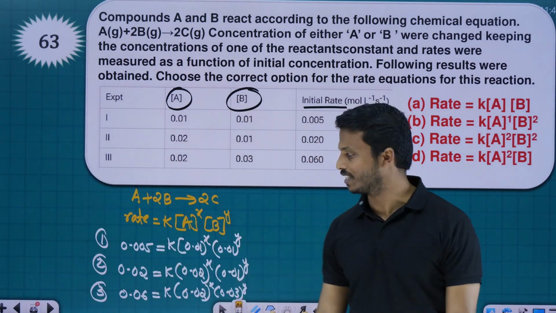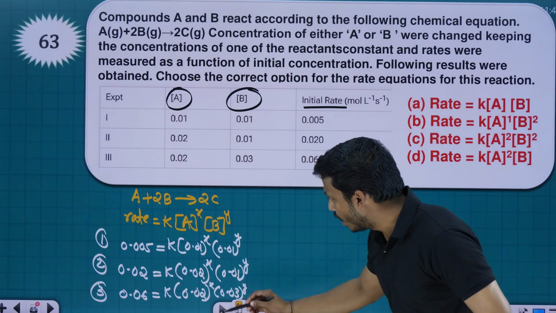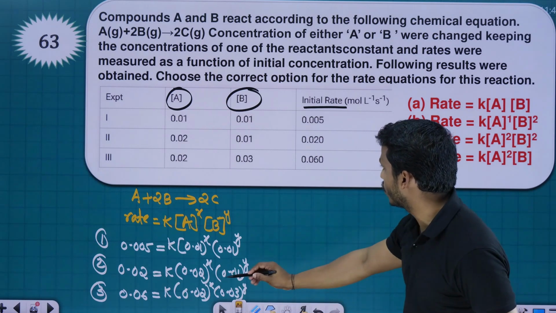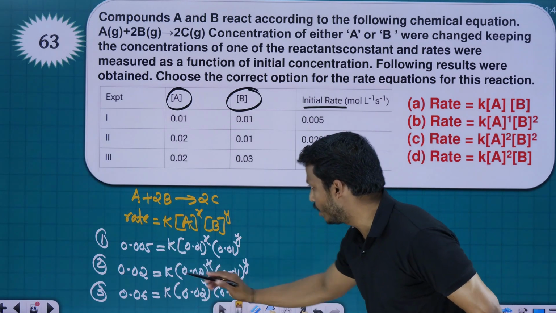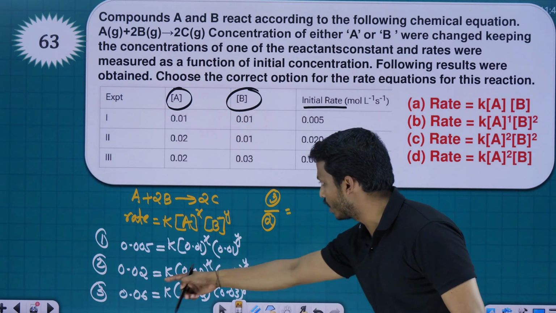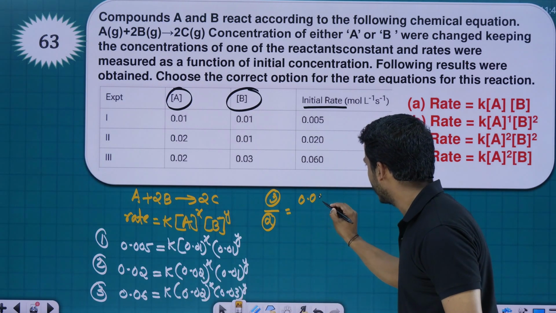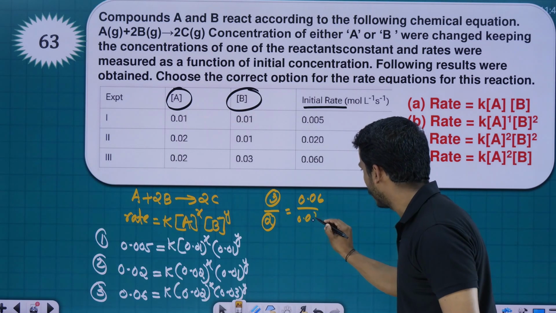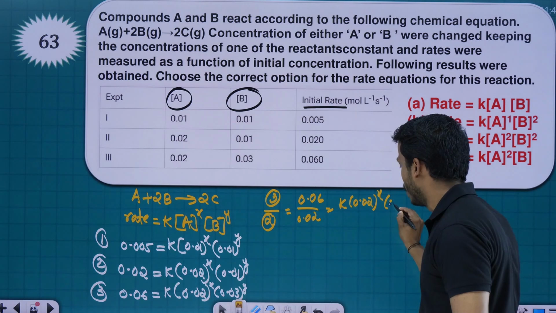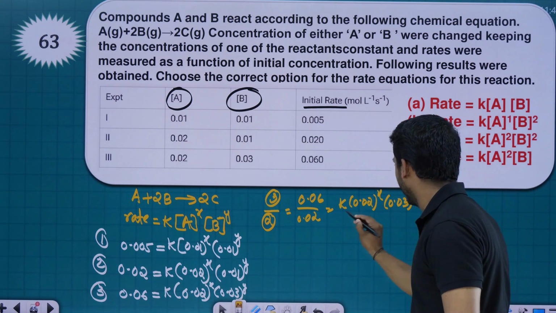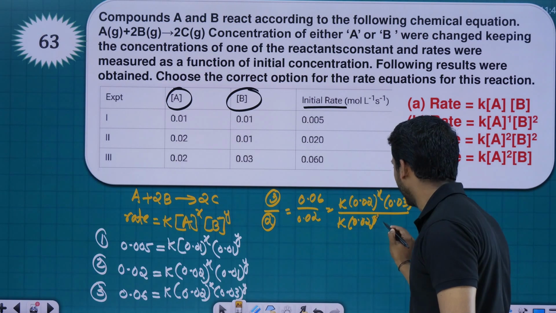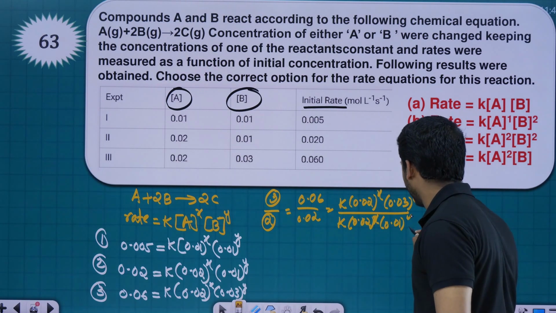Now simplification, very simple. Let me take 3 by 2. What is 3? That is 0.06 divided by 0.02 equal to k into 0.02 raised to x into 0.03 raised to y, divided by k into 0.02 raised to x into 0.01 raised to y.